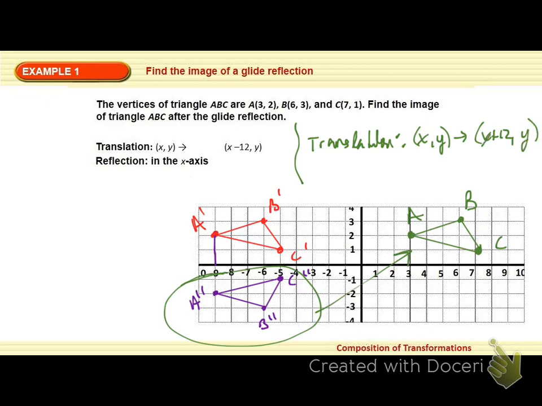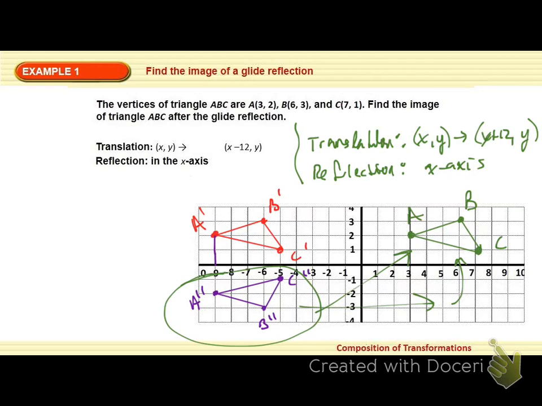That way we can slide it to the right 12 spots and then perform a reflection. But we can still reflect over the x-axis. So if we slide 12 spots back and reflect over the x-axis, we'll end up back at ABC. That's just one way we could do it.